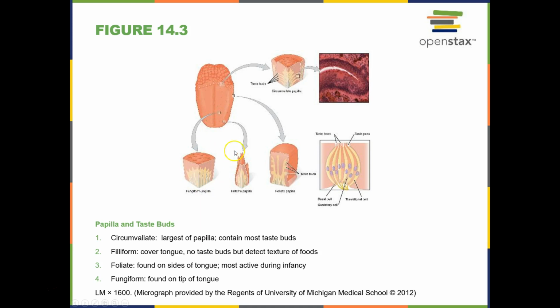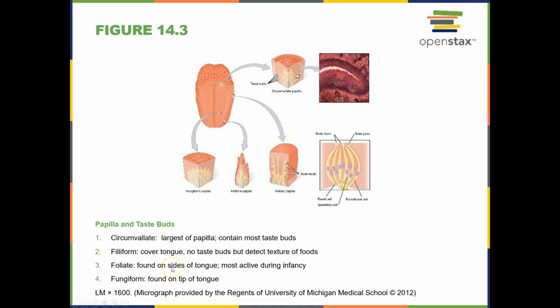We have filiform papilla. These are the most numerous. They're found all over our tongue, tiny little projections. They do not have any taste buds on them. These filiform papilla actually function in detecting texture of food and helping in manipulating food.